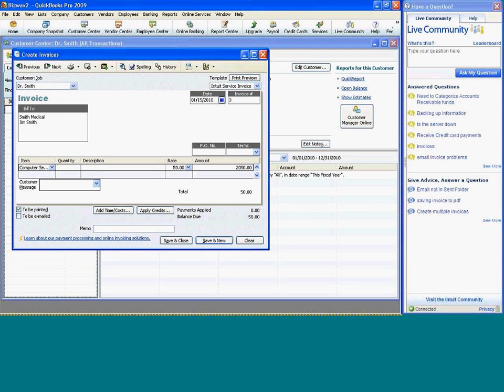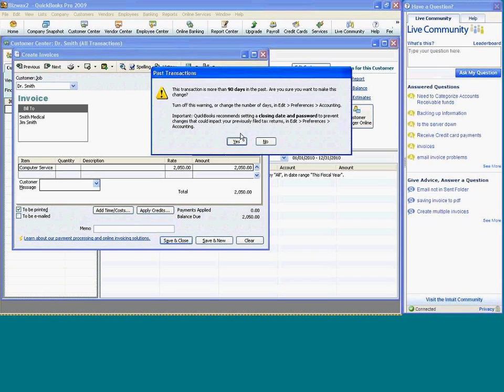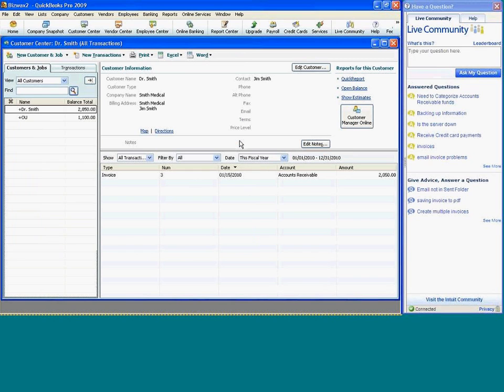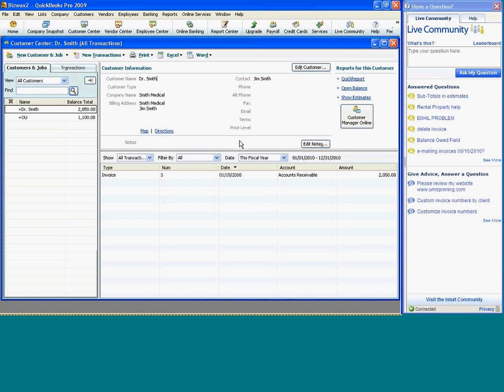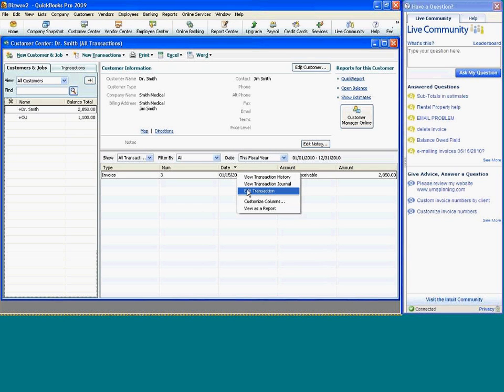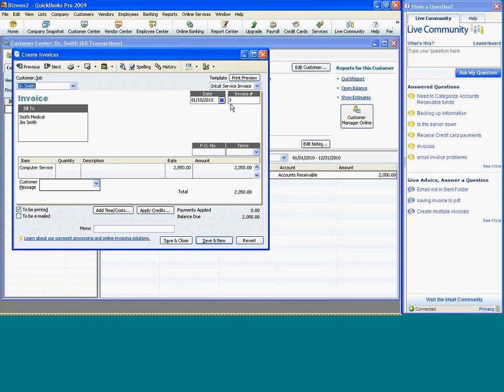He sold him a computer and a few other things. So it would make $2,050. So there, let me change the date. We'll say that the date is March 15th. Now we'll save and close.